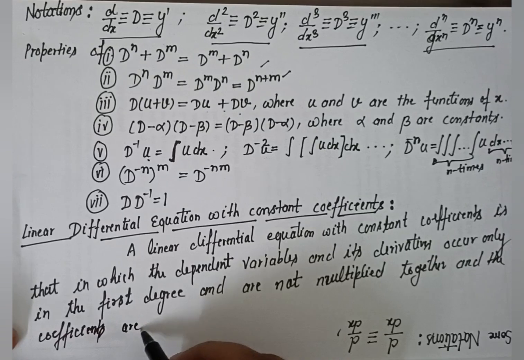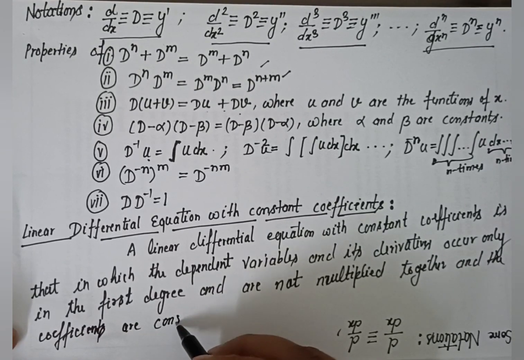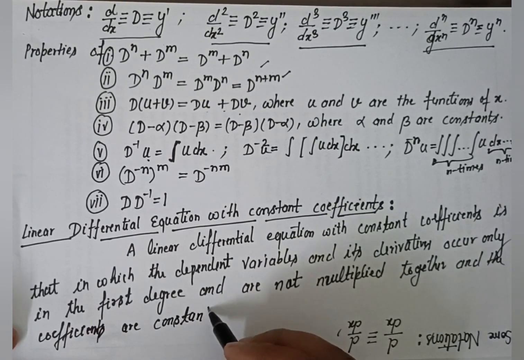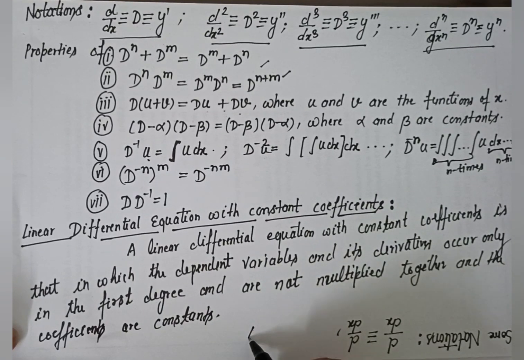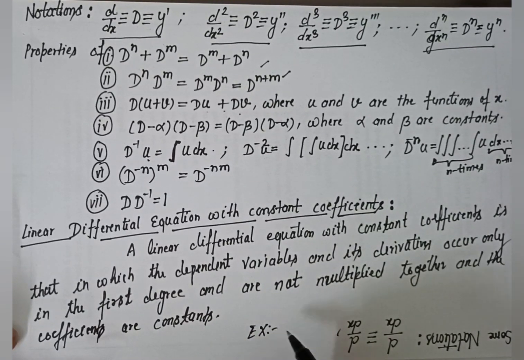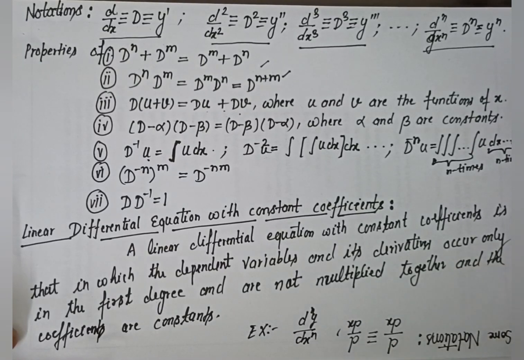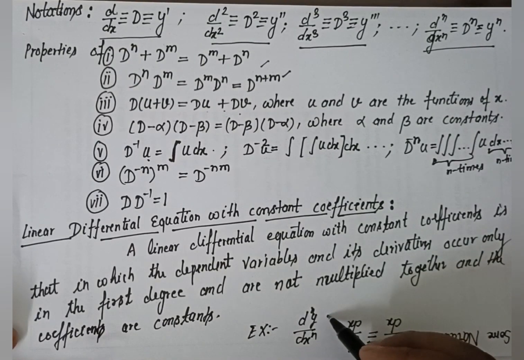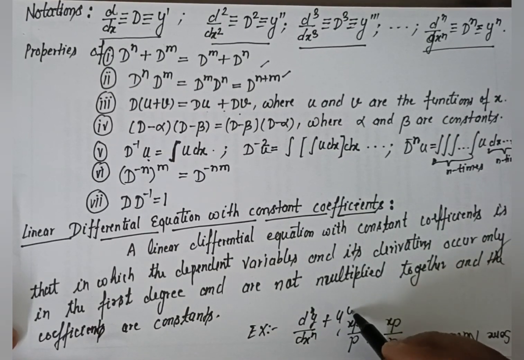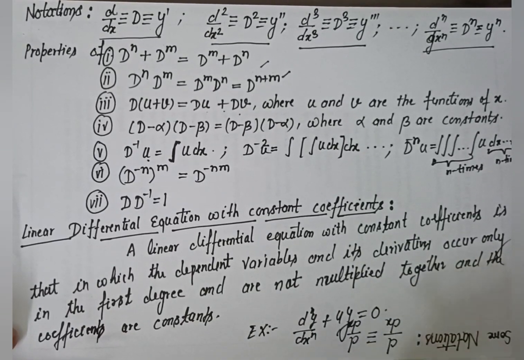Like, for example, here we have d^n y upon dx^n plus 4y equals 0, okay.